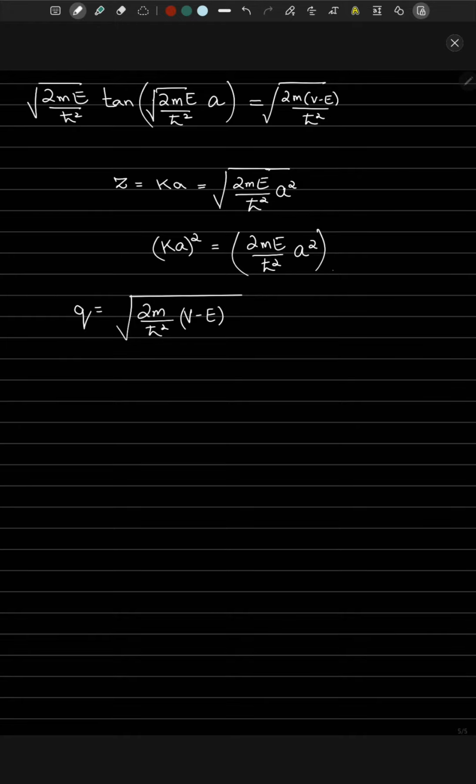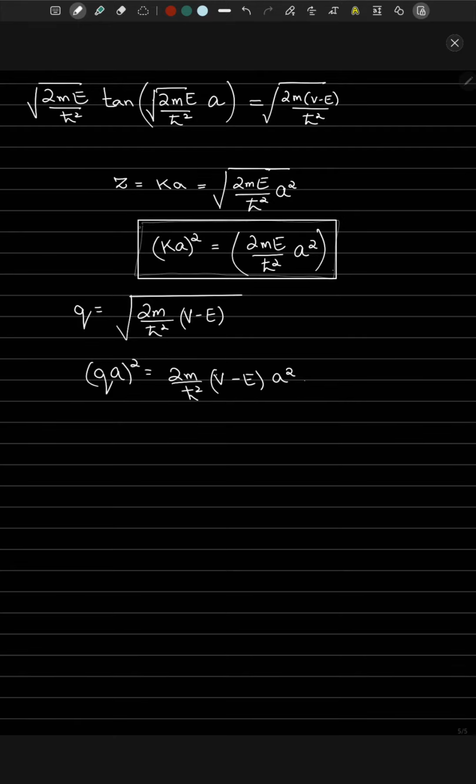That's our q. And so if I define (qa) whole squared, what I get is 2m over h-bar squared times (V minus E) times a squared. So I have these two equations for (ka) whole squared and (qa) whole squared.